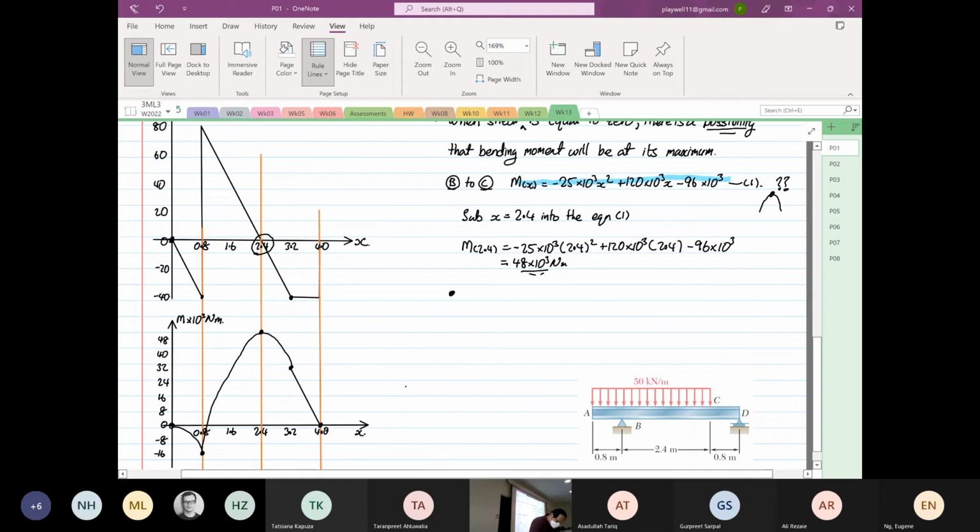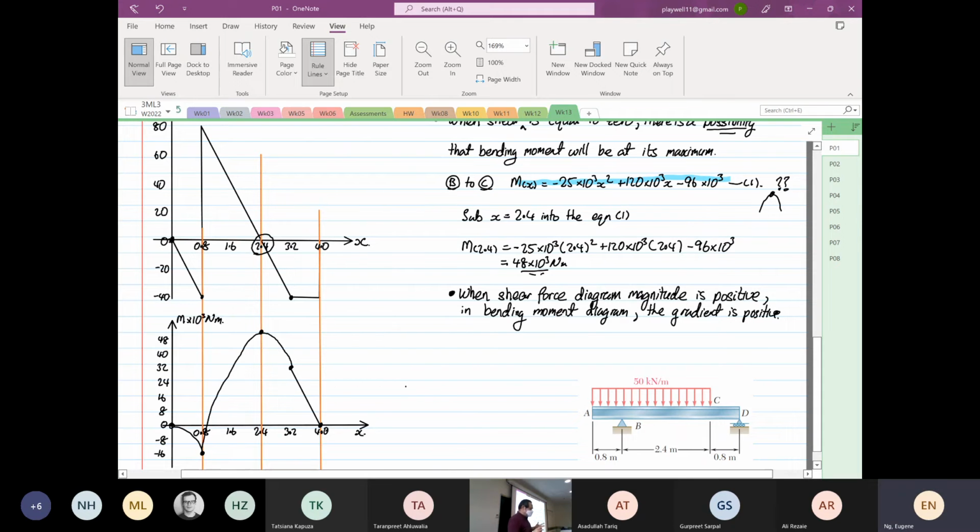The next statement is when the shear force diagram magnitude is positive, okay, in the bending moment diagram, the gradient is positive also. Okay. So let's see. Okay, what does this statement mean?